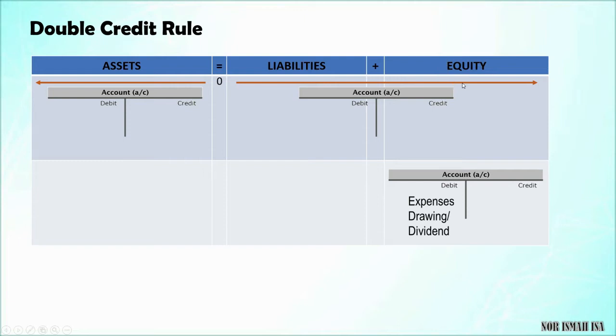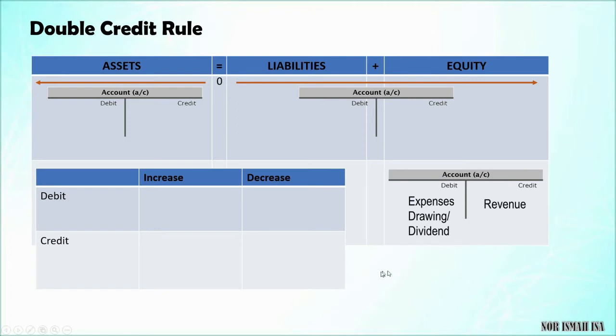So when equity decreases, you will debit this amount. Expenses and drawing or dividend, you should debit this account. As for revenue, this amount will increase the equity as we have learned before, meaning any revenue should be recorded on the credit side.